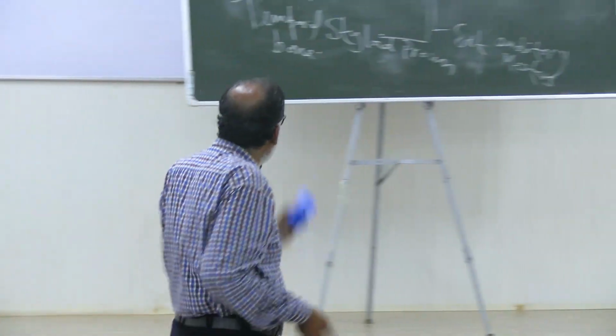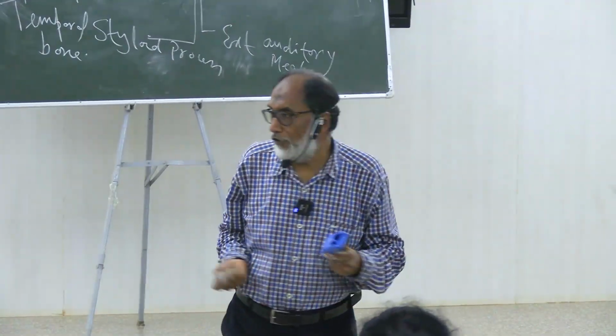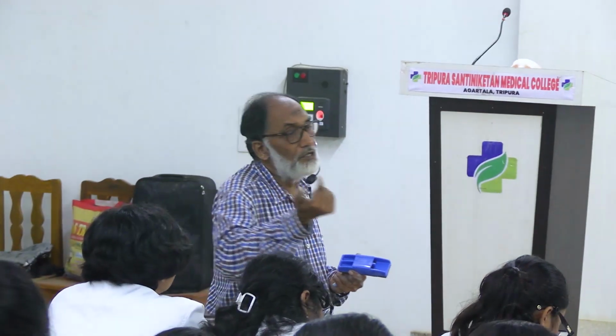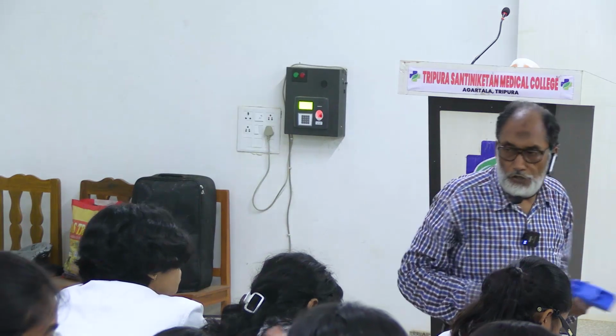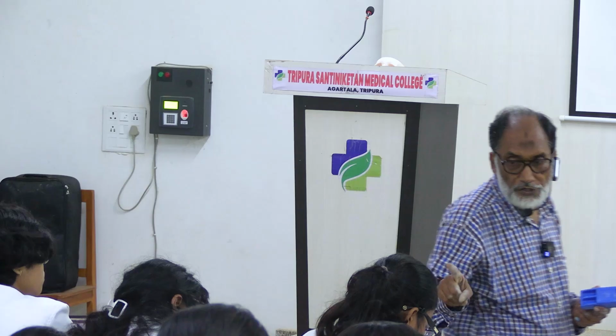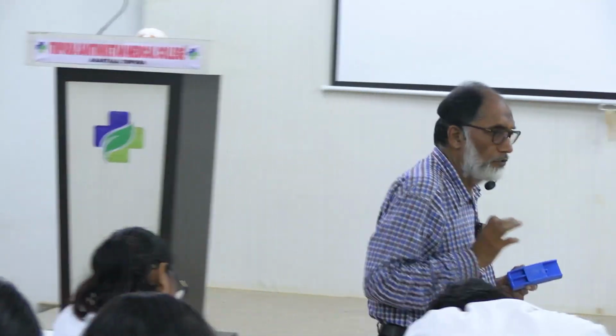Anteriorly lies the lateral pterygoid, and the masseteric vessel and nerve. Posteriorly lie the superficial temporal artery and the auriculotemporal nerve.